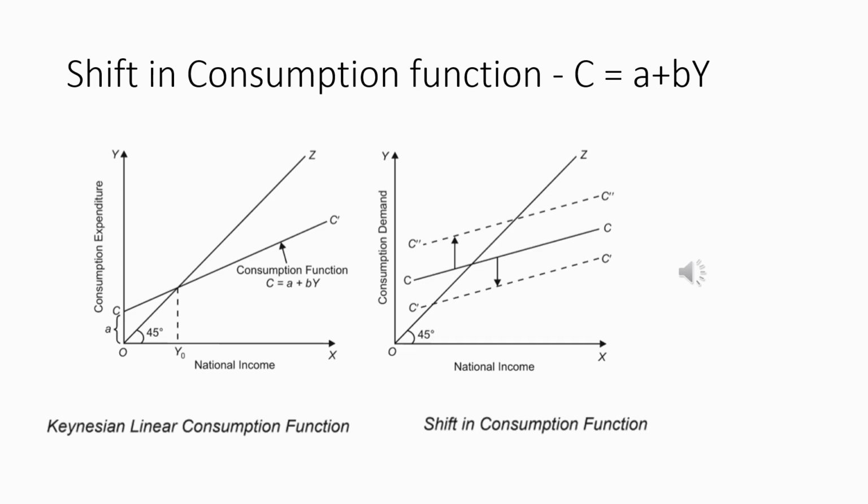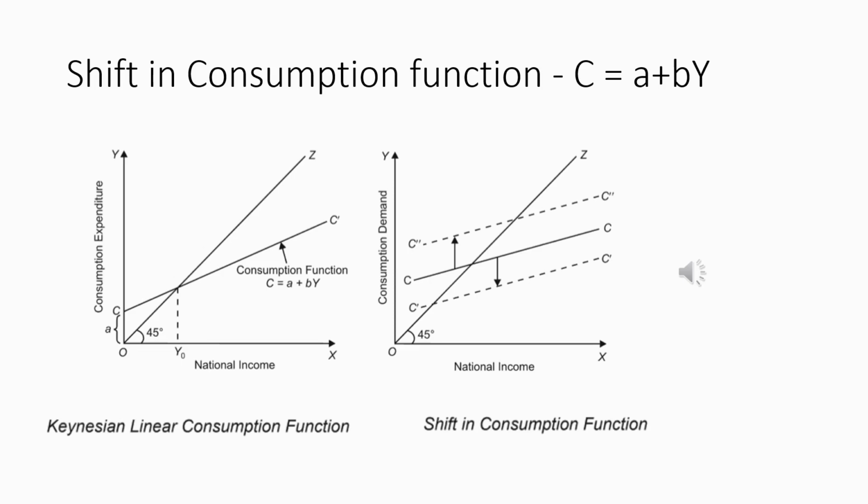It is useful to point out here that when the consumption function of a community changes, the whole consumption function curve changes or shifts. When propensity to consume increases, it means that at any given level of income more is consumed than before.